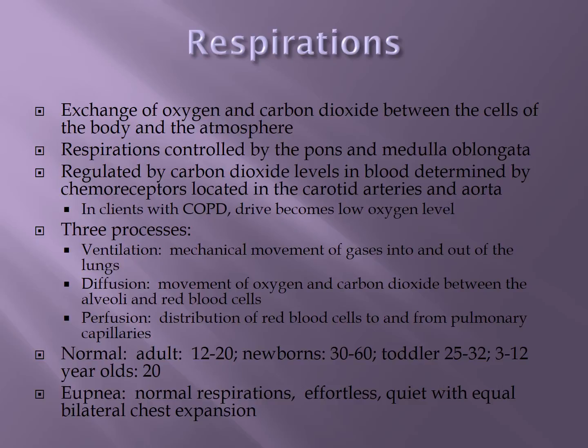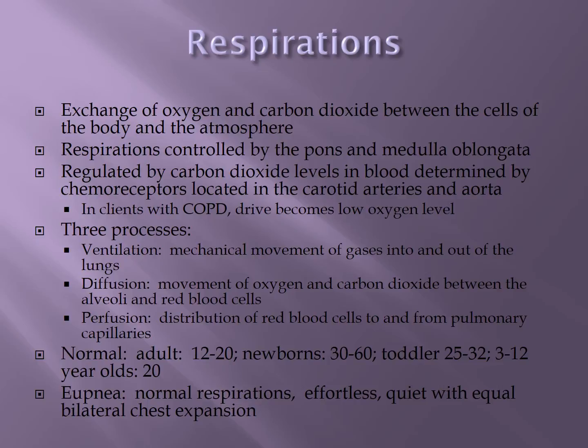It is extremely important to keep in mind that there are chemoreceptors located in the carotid arteries and the aorta, and that they are detecting how much carbon dioxide is in the body. And it is the level of carbon dioxide that determines what our respiratory rate is going to be.